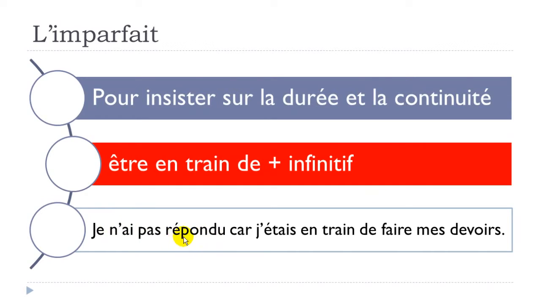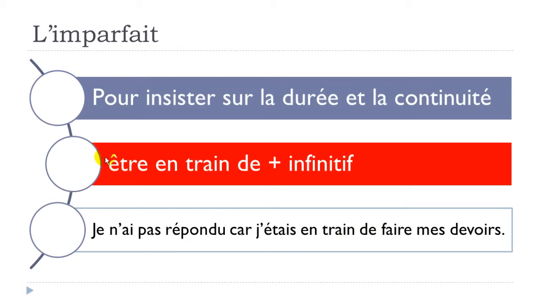Répondre is to answer, car, because, j'étais en train de faire mes devoirs. Faire mes devoirs, to do my homework. In that case you use this structure j'étais en train de because you want to say that it lasts, it's quite long, it's not something that will take 1 or 2 minutes, but longer than that. That's the reason why we use this j'étais en train de faire, as we saw here.